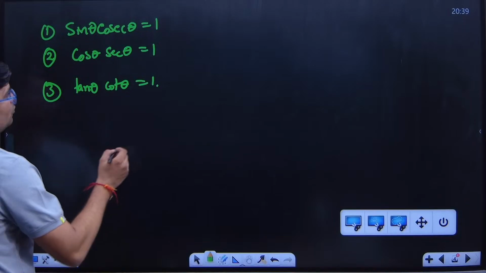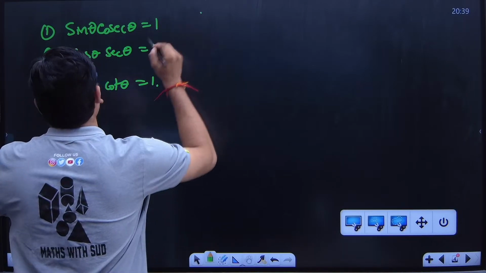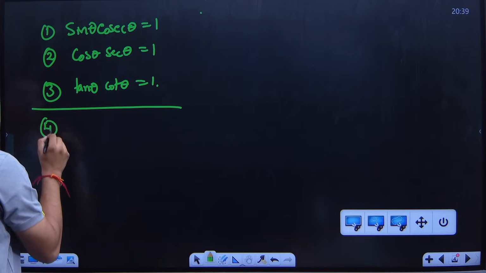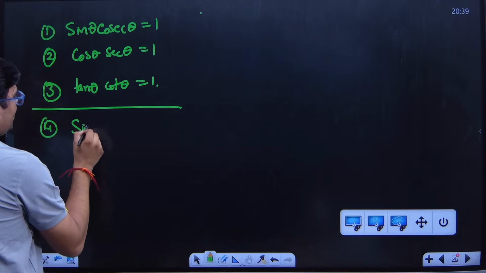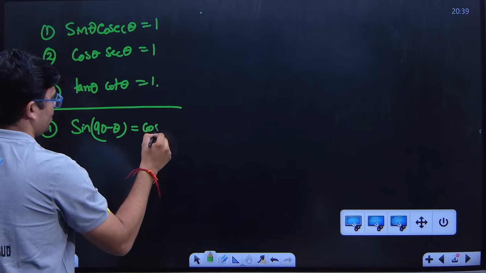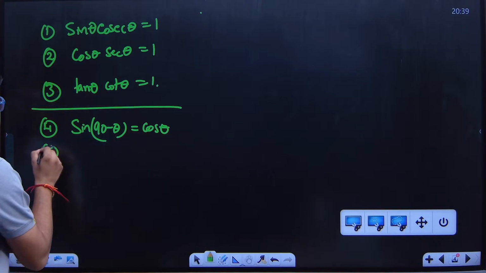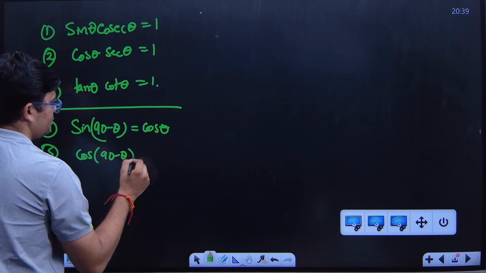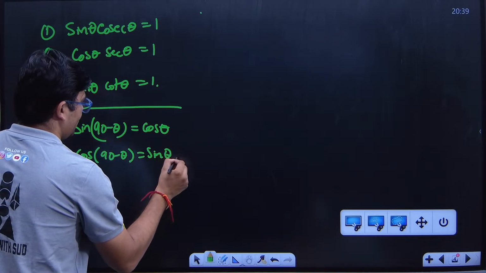Then we have 6 more formulas. I am just putting a gap and writing all the next 6 formulas. The fourth one is sin of 90 minus theta is equal to cos theta, and then you will write the opposite of this: cos of 90 minus theta is equal to sin theta.